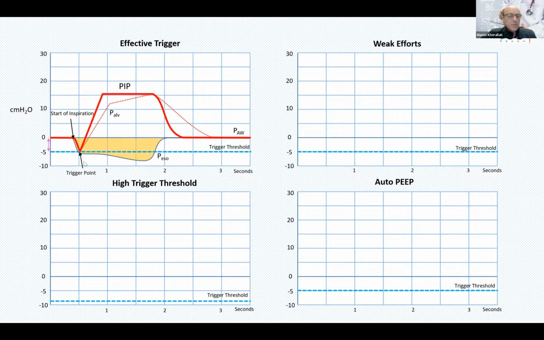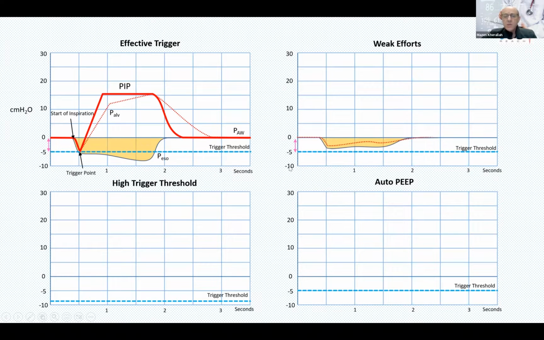So in this case here, we're saying that this is an effective trigger, meaning that the patient was able to drop the airway pressure to the trigger threshold and the ventilator is triggered. So the first case would be the right top graph here, where we're setting the trigger level at -5 centimeters of water, similar to the first case here.